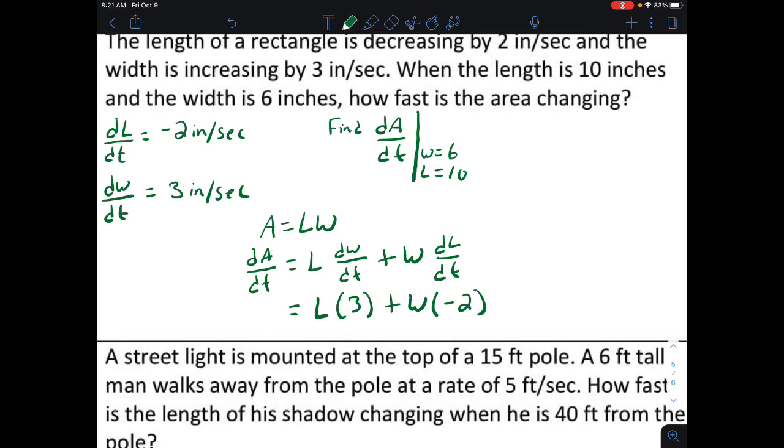And so we can go find the rate of change of our area when we put in 6 and 10. So we'd have 10 times 3 plus 6 times negative 2. We evaluate that and we get positive 18. Now I have to attach my units. We're talking about area. Area is second dimension. So my units, which are inches here, need to be squared per unit of time, and our unit of time here is seconds.